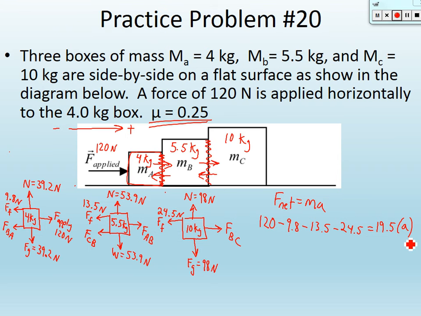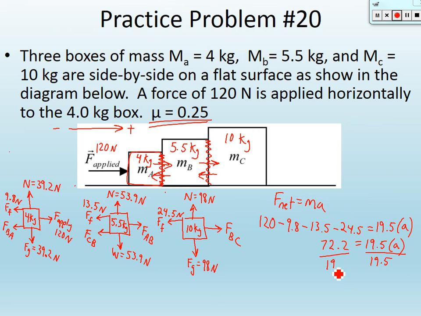So let's simplify it. 120, subtract 9.8, subtract 13.5, and subtract 24.5 is 72.2, which is equal to 19.5 times acceleration. To get acceleration by itself, we need to divide both sides by 19.5.